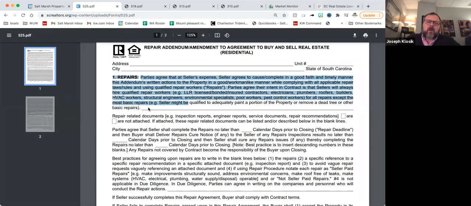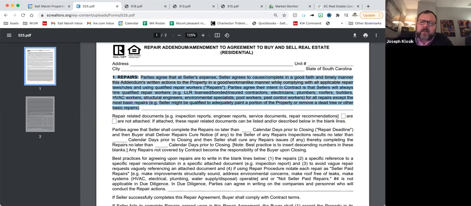This is one that often comes across that we miss. It basically says the parties agree the seller's expense. Seller agrees to cause, complete, in good faith and timely manner the addendum's written actions to the property. Basically, they're going to do these repairs.